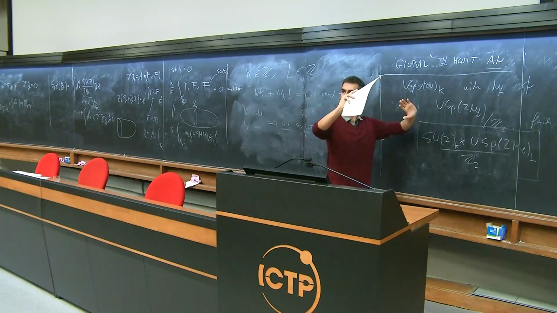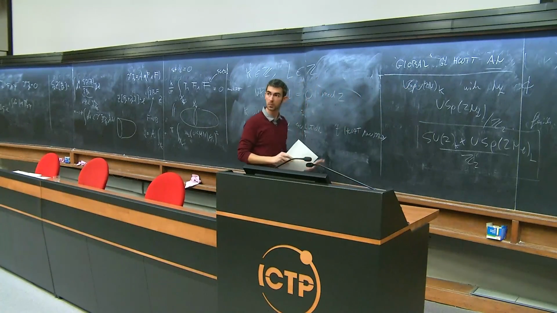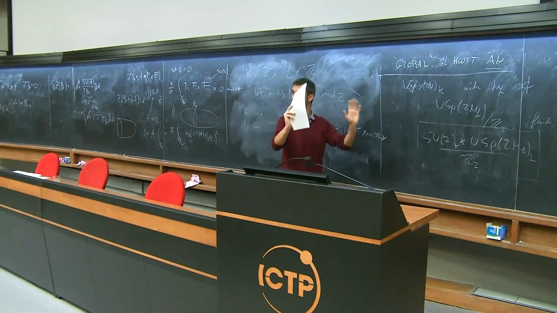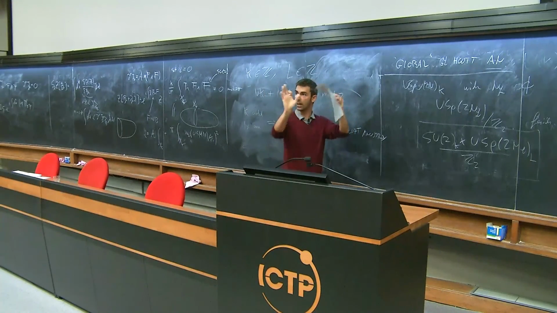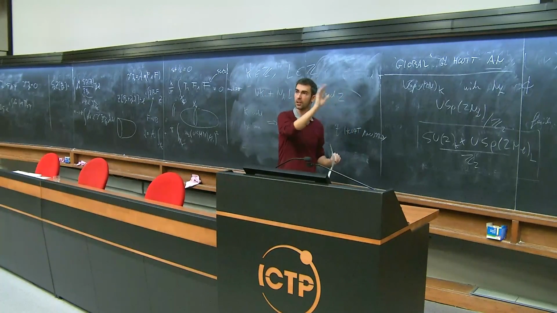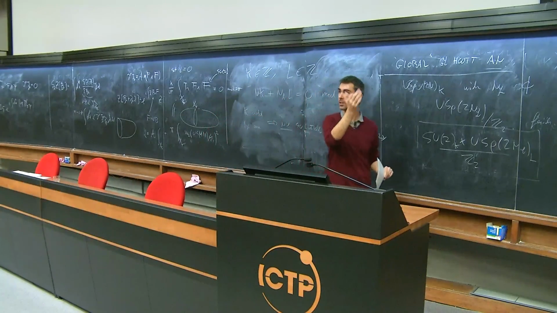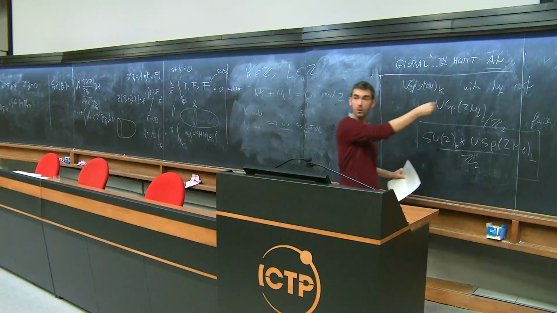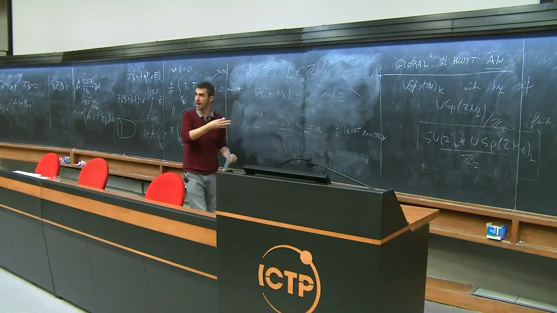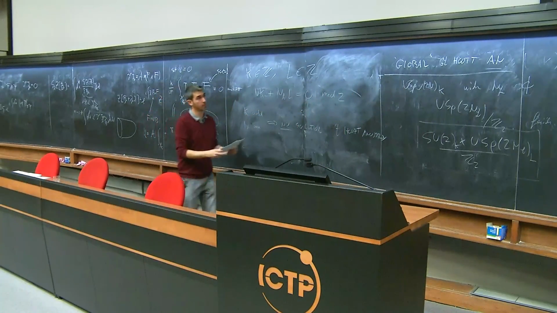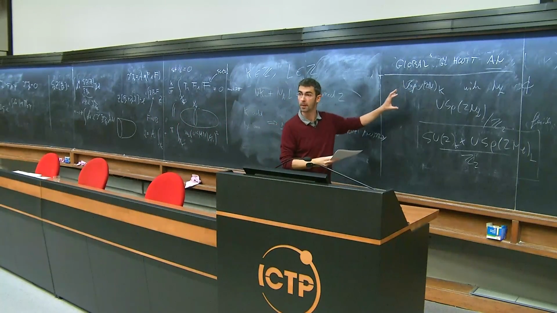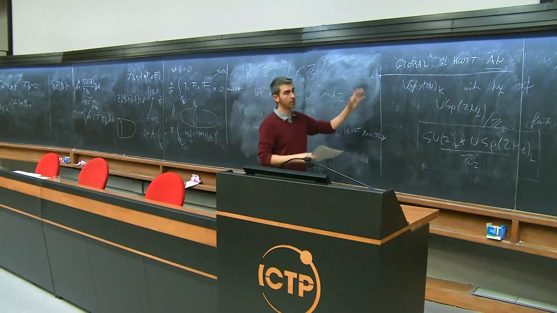And so you can take the 2 theories, do the computation that we did, and check that the 't Hooft anomaly appears equally on the 2 sides. So when there is a 't Hooft anomaly on one side, there is the same anomaly on the other side. And when it's 0 on one side, it's 0 on the other side. And so this can be used, for instance, to do this 't Hooft anomaly matching in this particular case of the dualities. Okay? A similar thing can be done for the SU, U case.